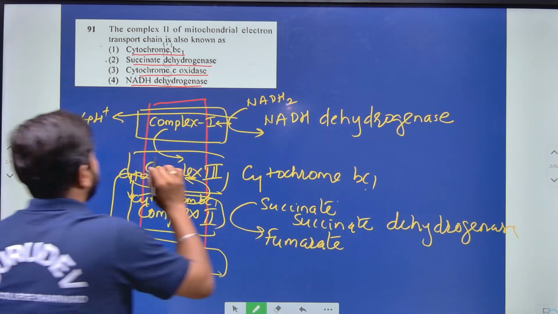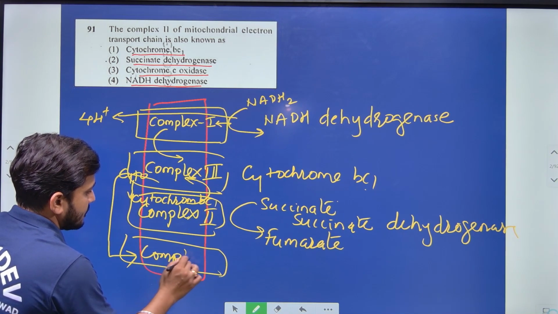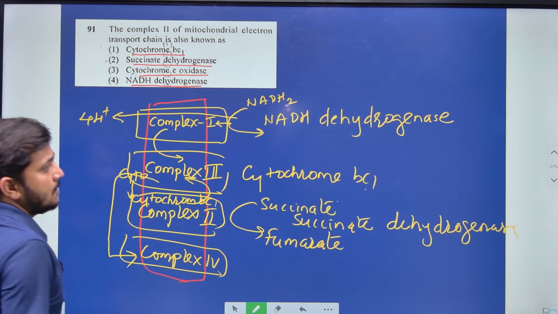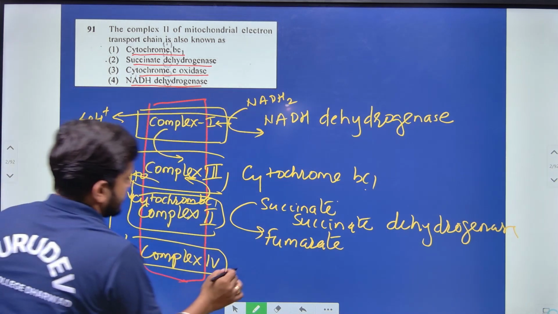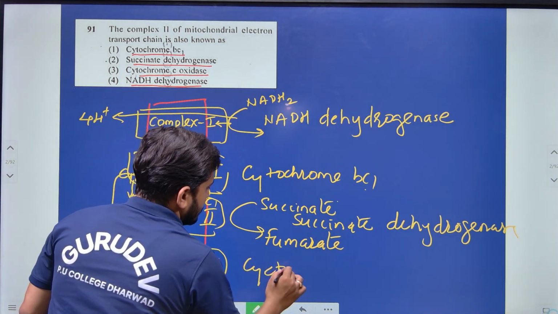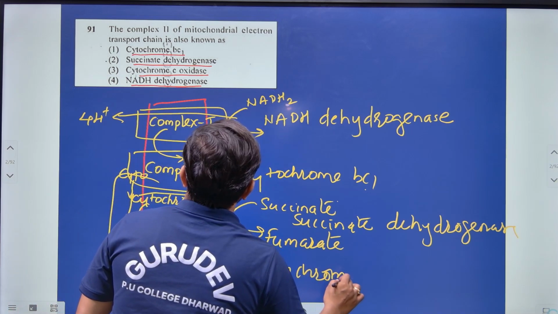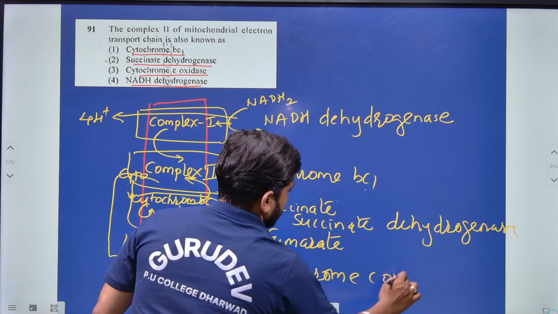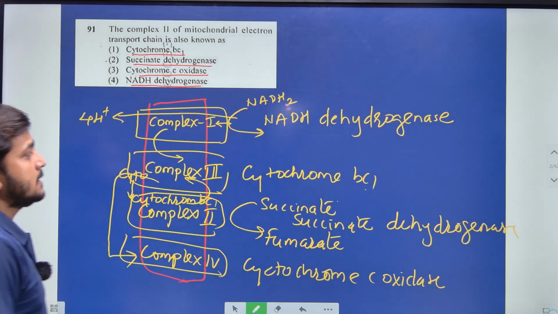Then with respect to complex 4, if I consider complex 4, what I am going to get here is nothing but cytochrome C oxidase, right? With complex 4 I am going to get cytochrome C oxidase.